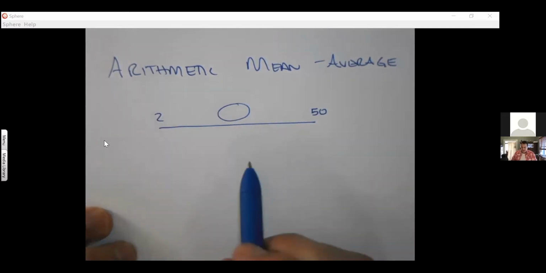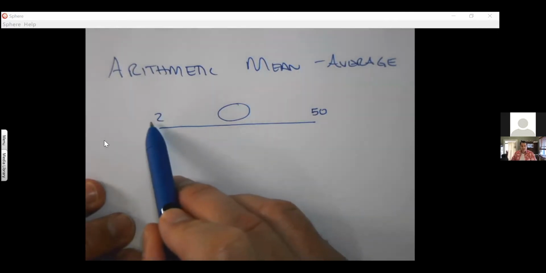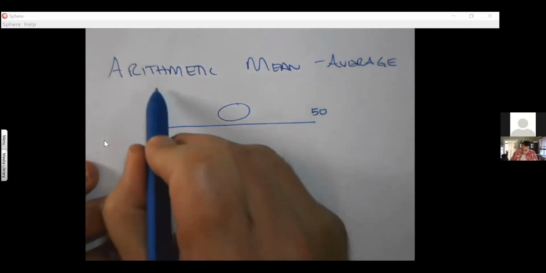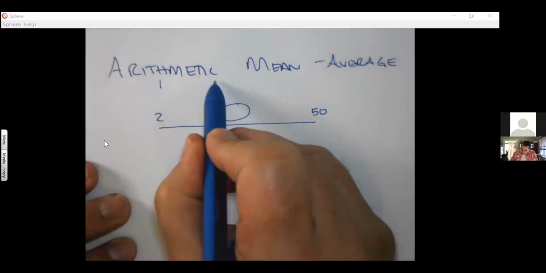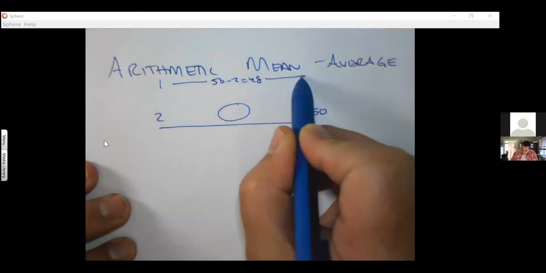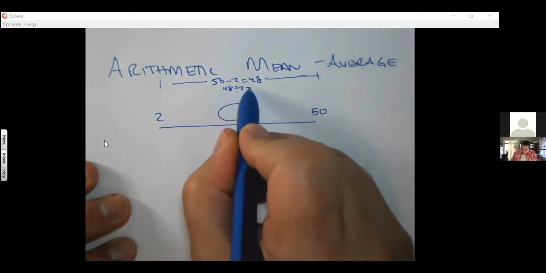But really what's happening is we're saying to travel the distance from like the number 2 to the number 50 means that we have to take the distance that we have to travel. So it's 50 minus 2 is 48. That's the whole distance that we're going to travel to go between them. And we have to split it up. 48 divided by 2 is 24.